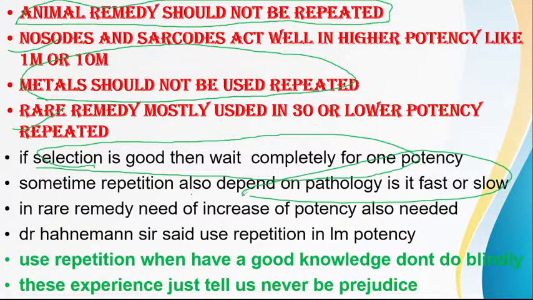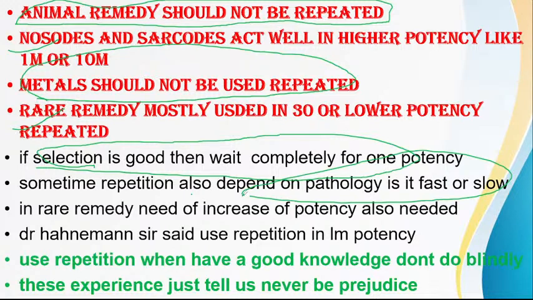Now we have talked about many different ideas of repetition: either a single dose, or repeated for 1 week, or repeated over 1 week to 10 days, or double potency. Till now, many were fixed on giving a single dose, and many were giving only repeated doses.